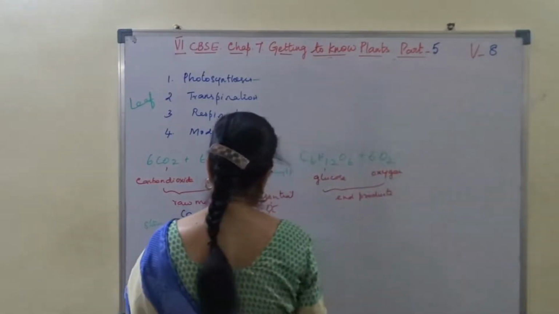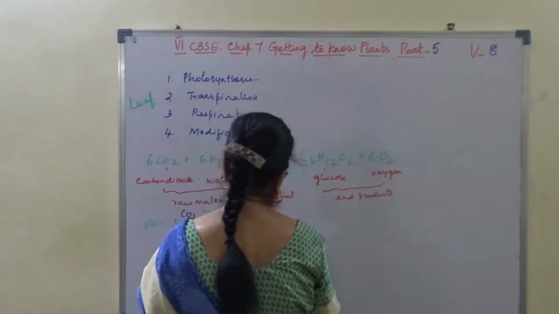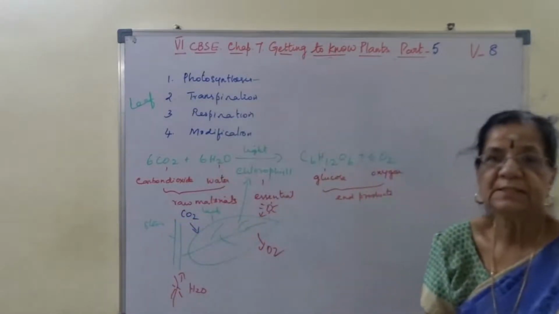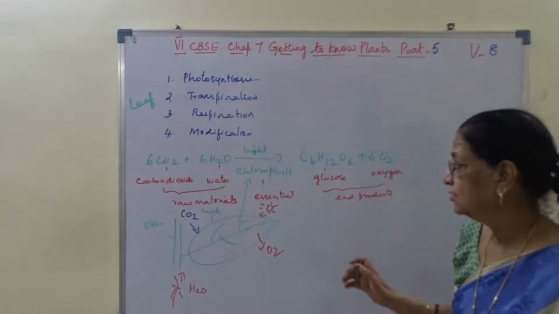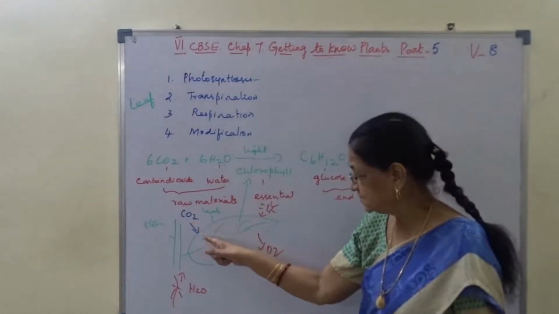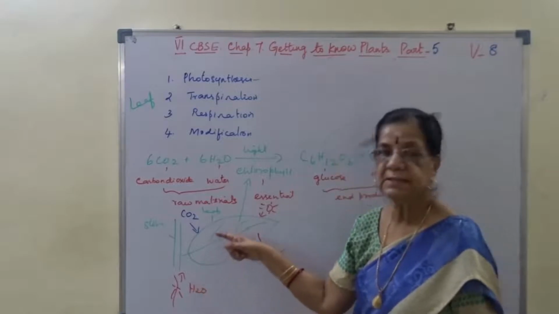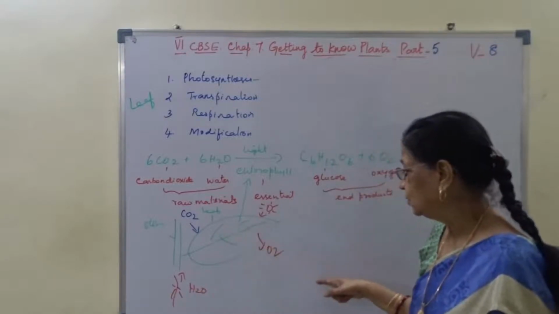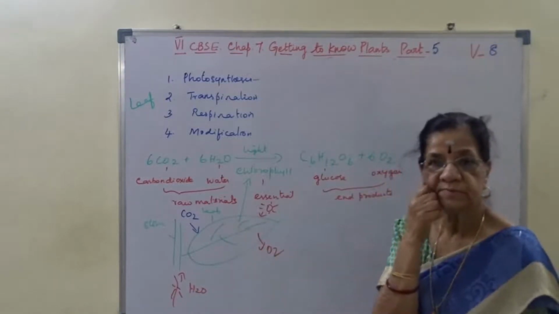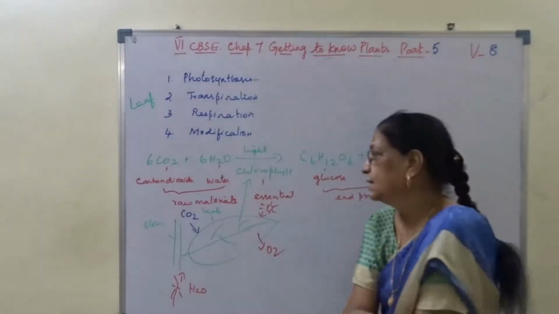As a result of photosynthesis, oxygen will be sent out. So carbon dioxide is entering in, sunlight entering in, water is entering in, oxygen alone will go out. I hope you follow.